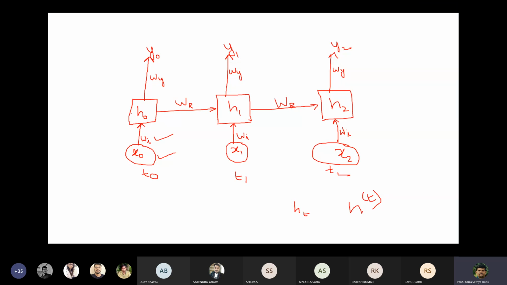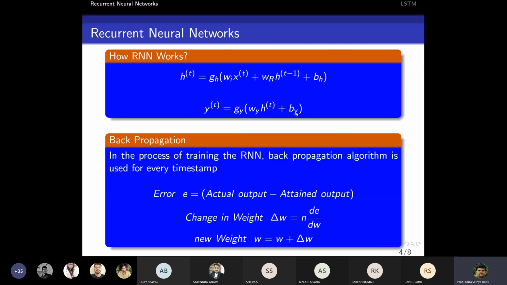Initially you do not have any input from earlier steps, so that becomes 0, plus the bias of h. This is passed through a function gh, and then the h of t value is attained here.